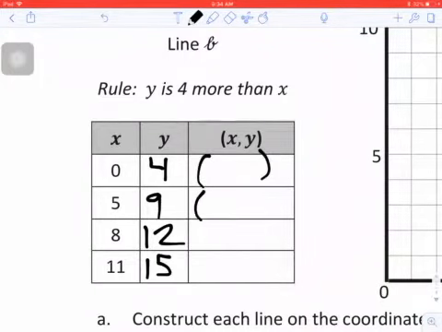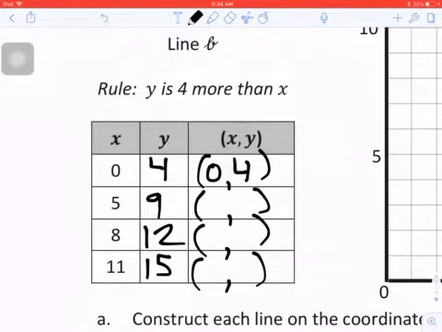Next thing I'm doing is building my coordinate pairs. I have 0 and 4, 5 and 9, 8 and 12, 11 and 15.